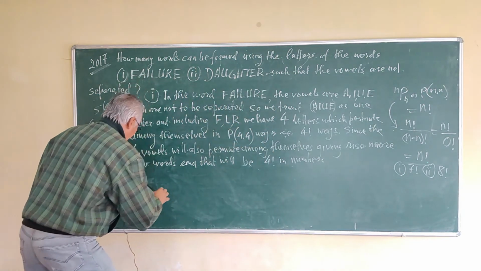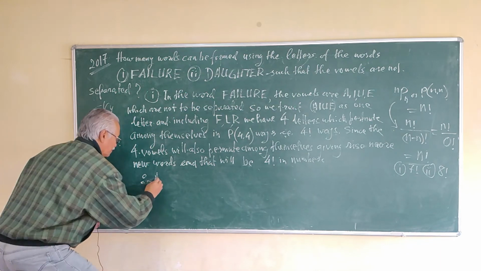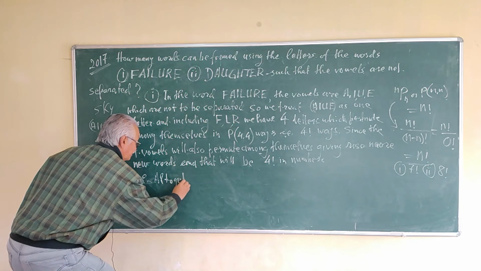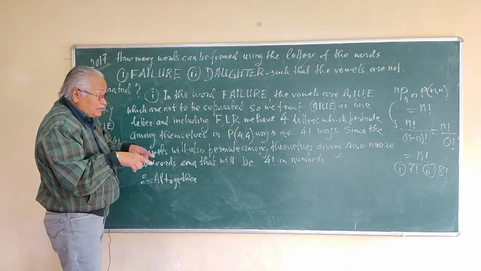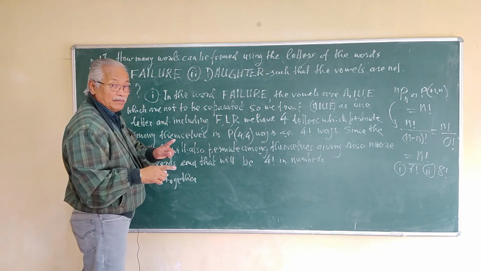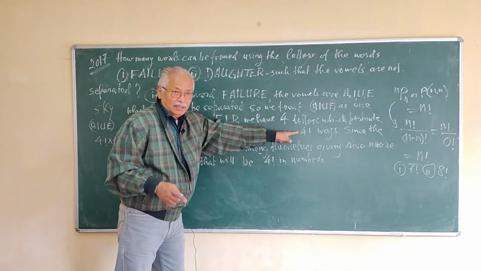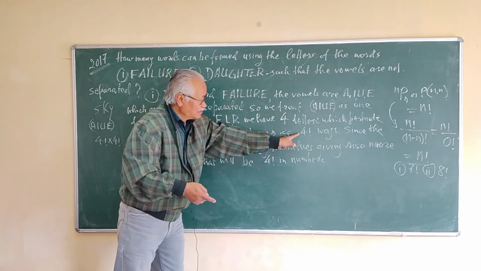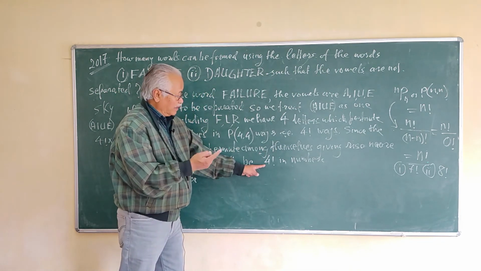So therefore altogether, when the vowels are not permuting among themselves, you have 4 factorial. After that, when the vowels start permuting among themselves, you will get another 4 factorial ways.